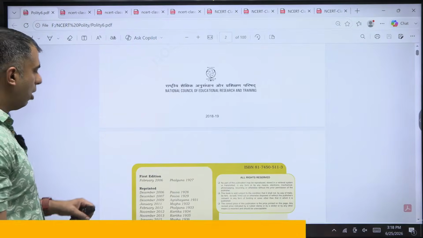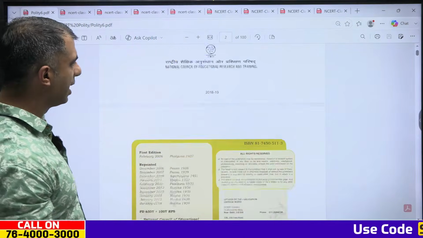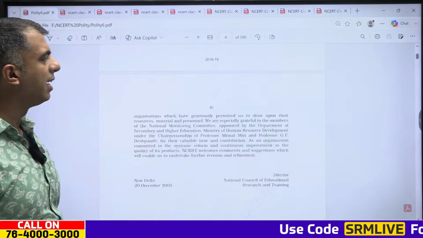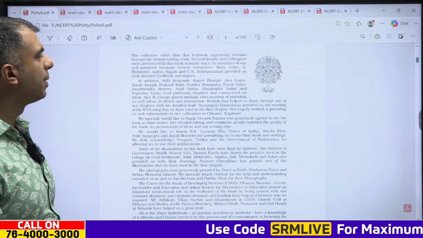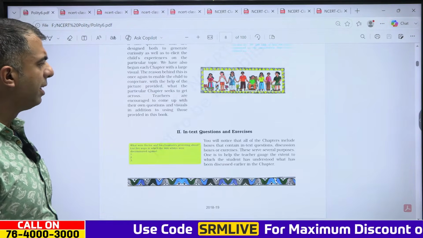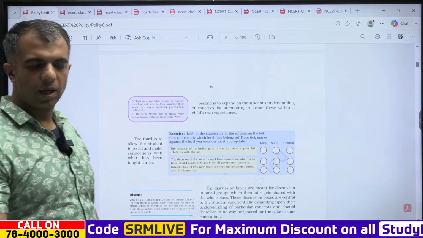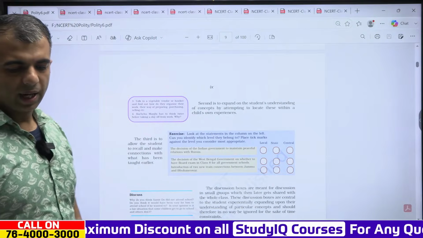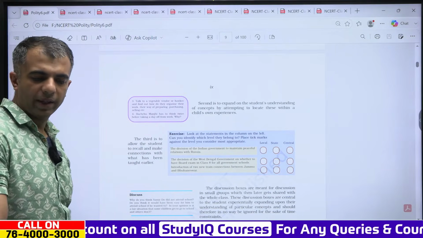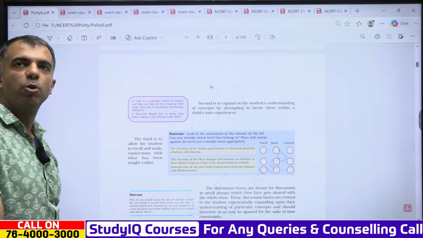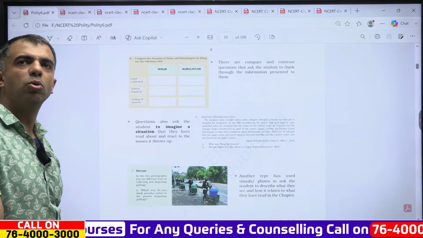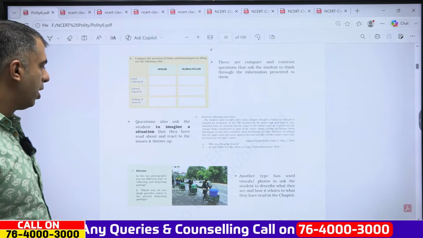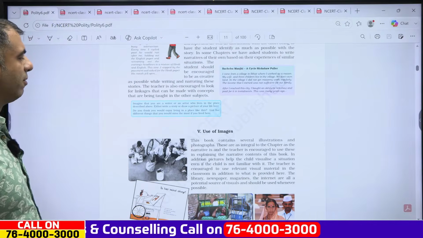Now, whenever you go through the NCERTs, you will find that not all topics are very important. The first topic in the class 6th book is Social and Political Life, exploring society. When you are going through this NCERT, not every topic will be important.